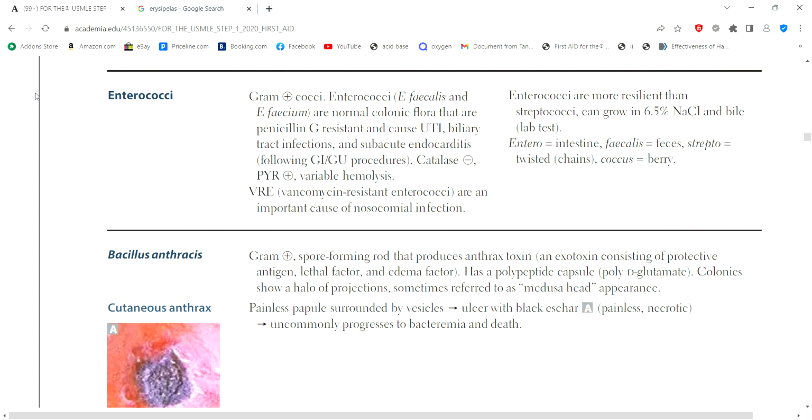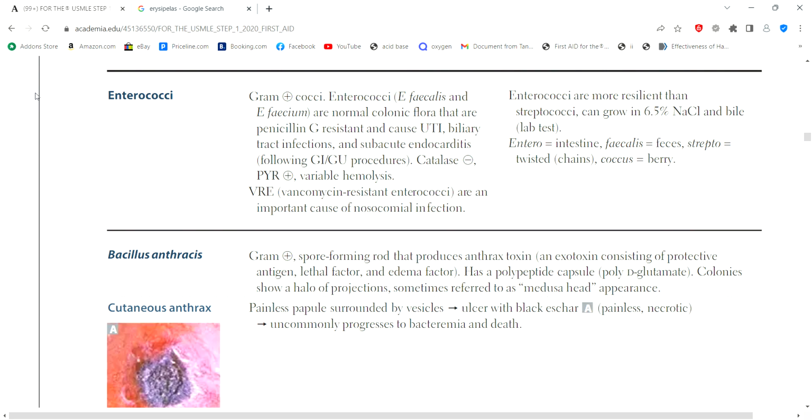A lot of these procedures are done in the hospital, like colonoscopy and GI procedures, and if you keep giving vancomycin, it becomes resistant because bacteria are smart. Now, enterococci are more resilient than Streptococcus and can grow in 6.5% NaCl and bile. So they can grow in bile, so enterococcus can give you biliary tract infections.